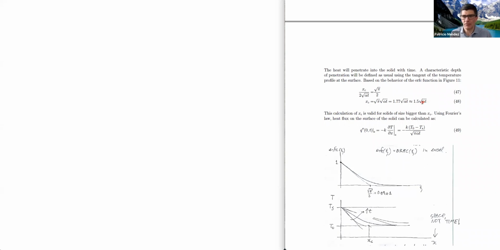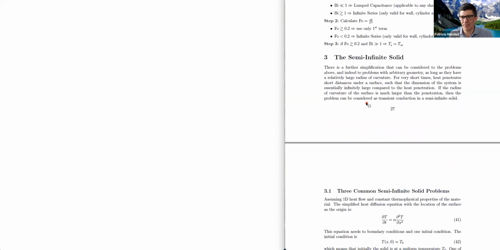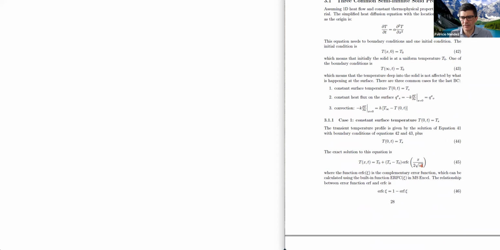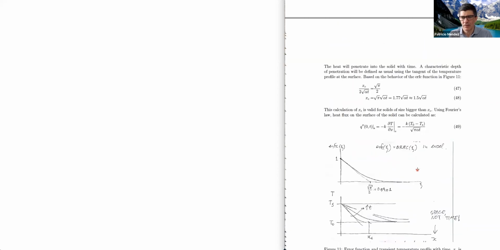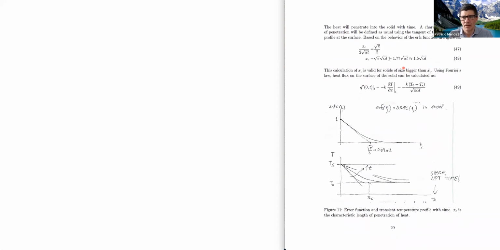Take home message of equation 48. 3 things. Number 1, the characteristic penetration of heat is more or less square root of alpha t, is proportional to square root of alpha t. Remember that I said I'm planting an idea in your mind about this square root of alpha t? It started to appear already. So the characteristic penetration, the penetration of heat is proportional to square root of alpha t.